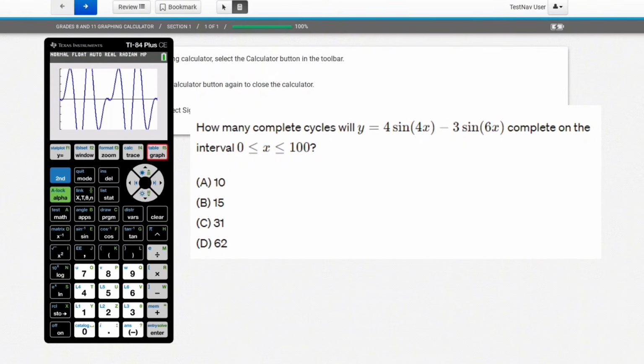This is going to come as a shock, but that number in between 0 and 2 pi is pi. If you're ever uncertain as to where things are, you can always do an intersect, or second calc and do a zero. But I'm fairly confident that number is pi, since that number is 2 pi.